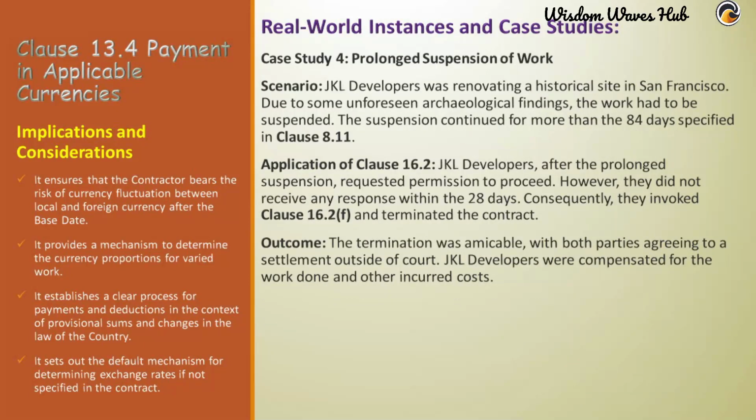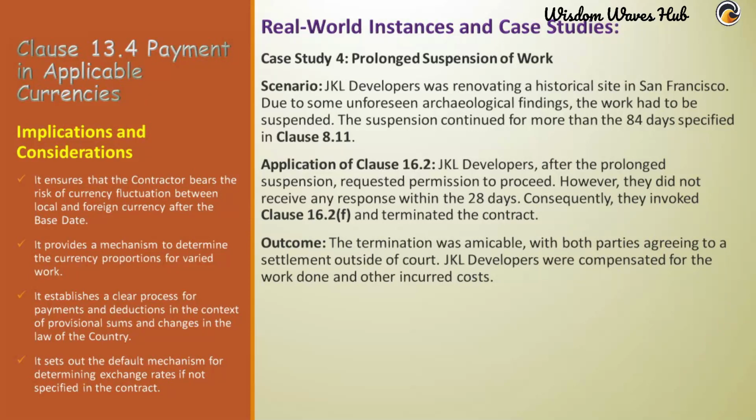Scenario: JKL Developers was renovating a historical site in San Francisco. Due to some unforeseen archaeological findings, the work had to be suspended. The suspension continued for more than the 84 days specified in Clause 8.11. Application of Clause 16.2. JKL Developers, after the prolonged suspension, requested permission to proceed.